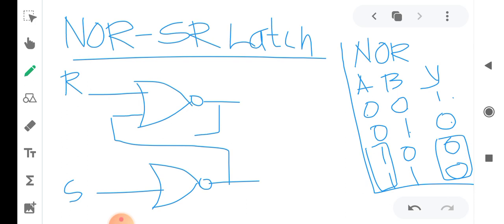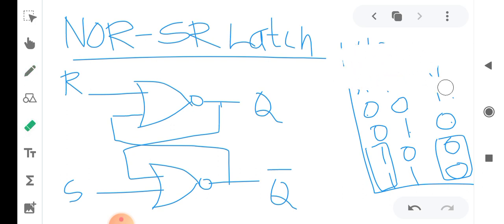Then take this output as Q, and this one as Q complement. This is the implementation of the RS latch. I think you remember this, or you can just write down the NOR gate.